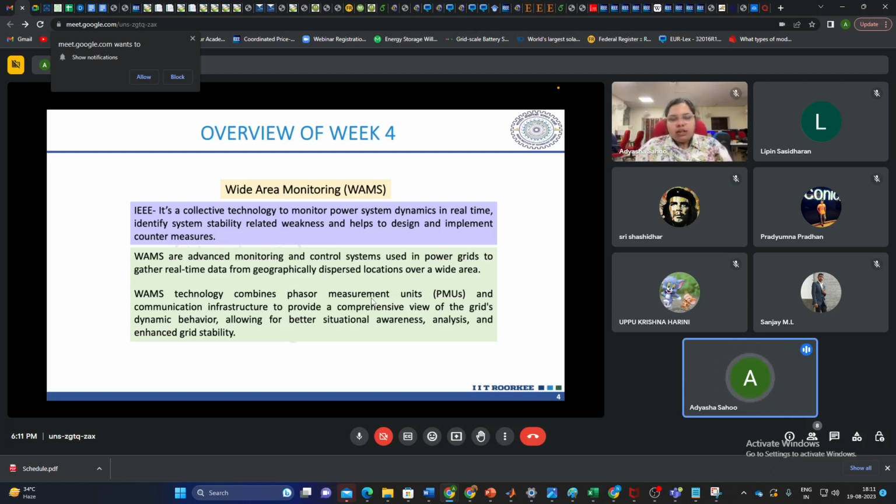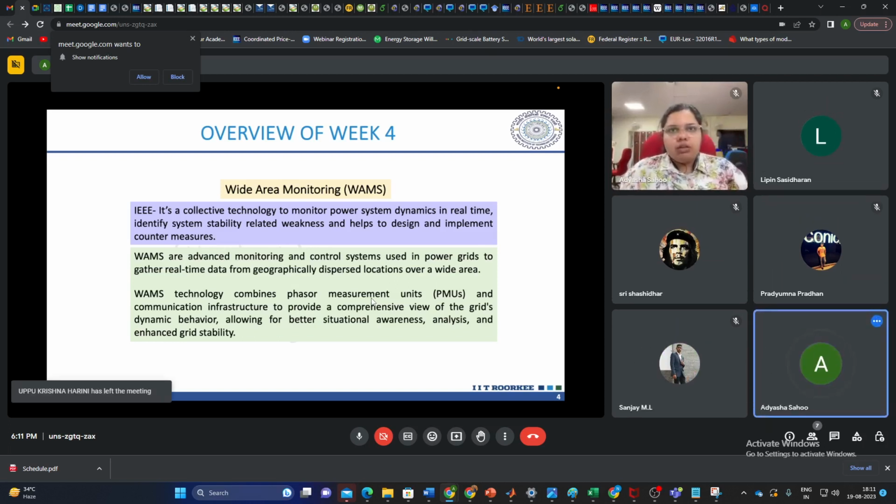Then this data will be communicated through the communication infrastructure to the control system, where using a display, or you can say a smart display system, we'll have better situational awareness of the current system. Then the system will be analyzed to see what the state of the system is and try to enhance it.